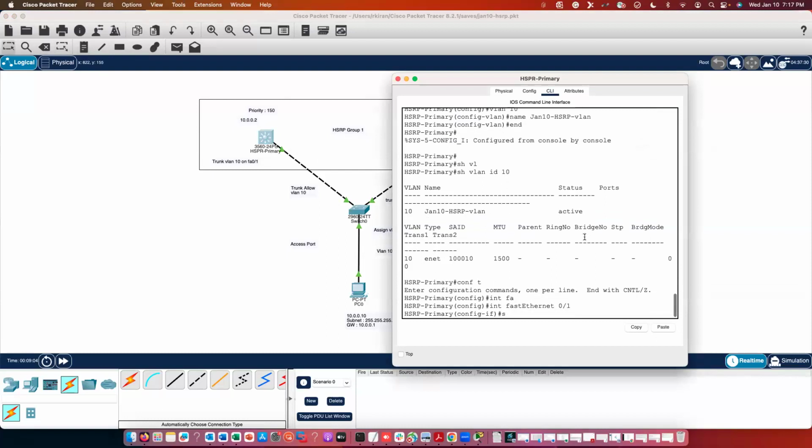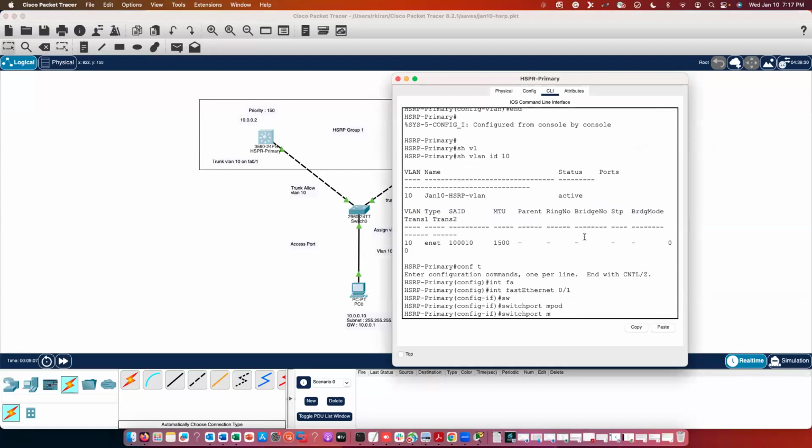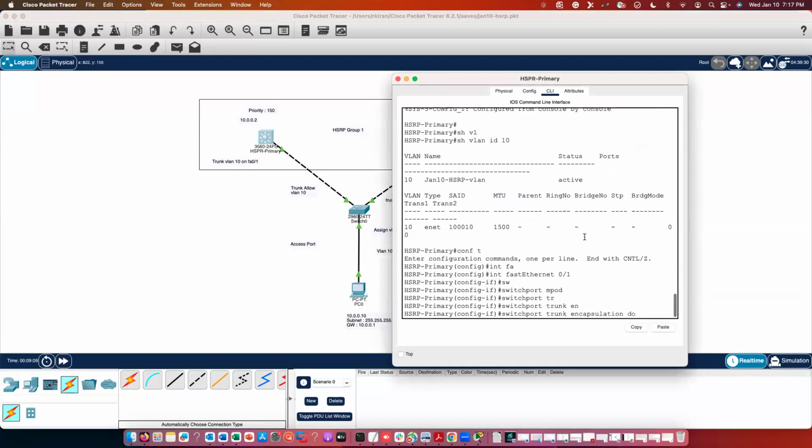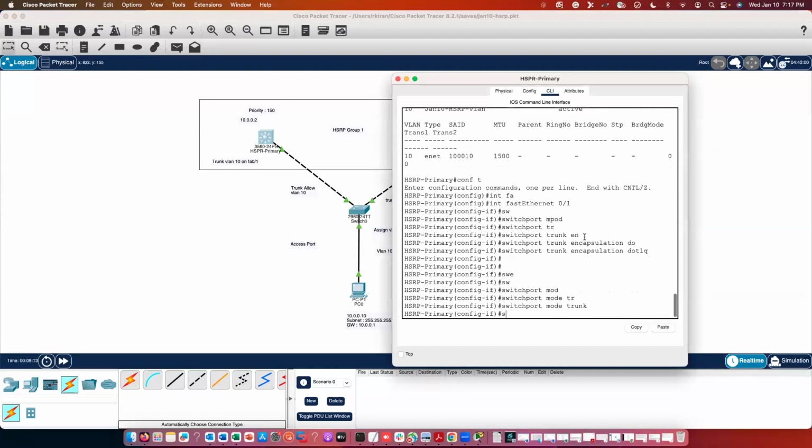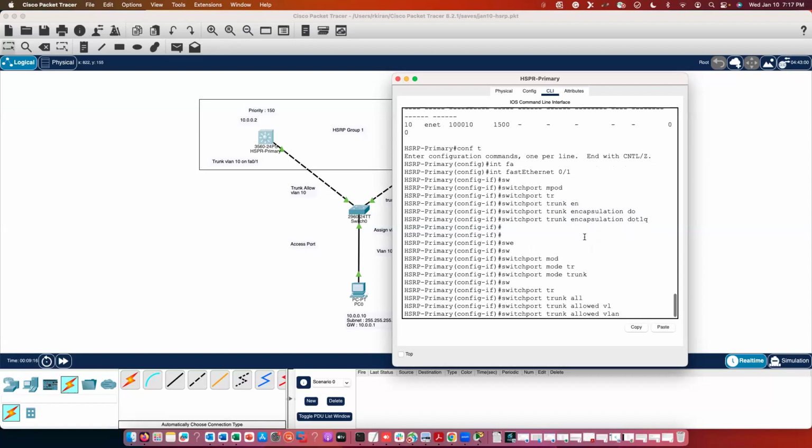Interface FA0/1, switchport trunk encapsulation dot1Q, switchport mode trunk, switchport trunk allowed VLAN 10.